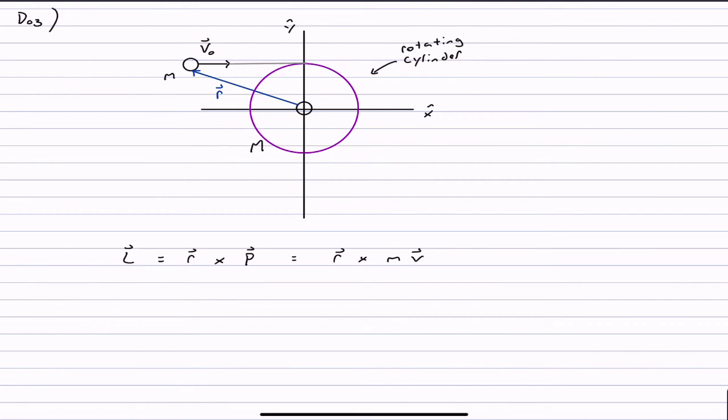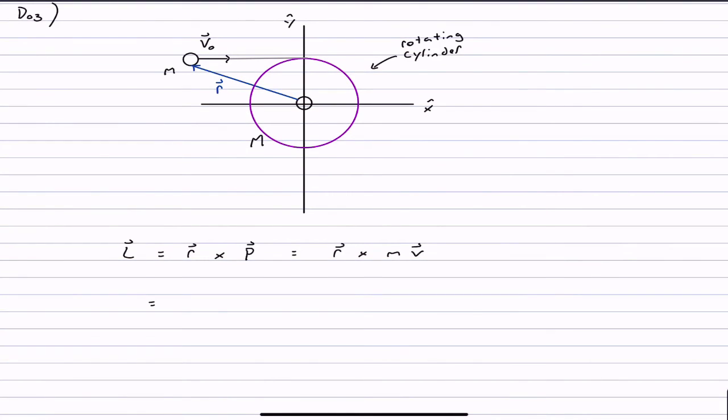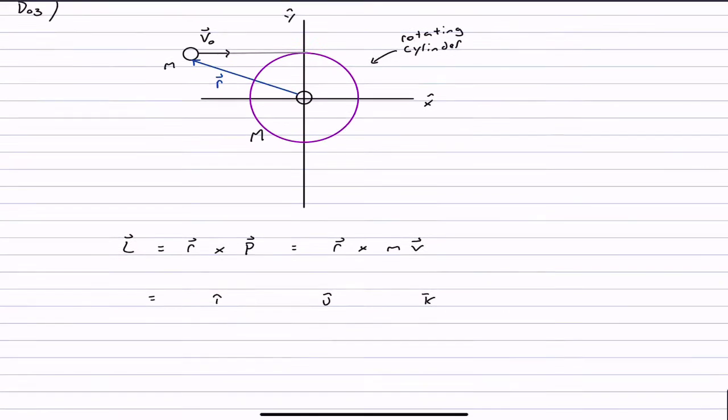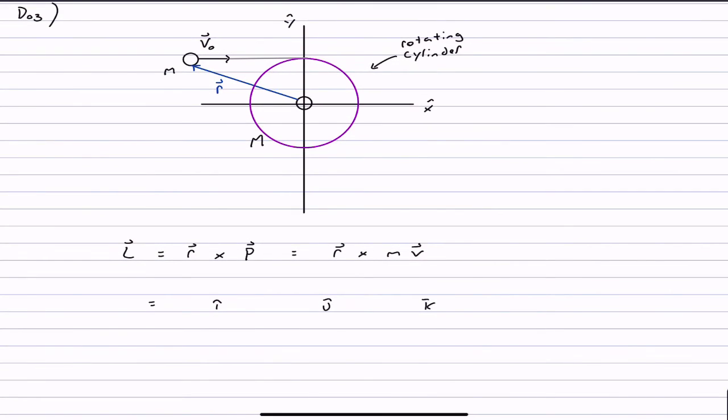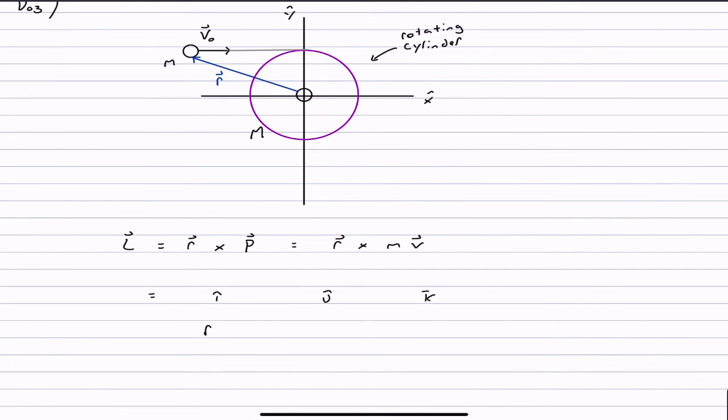The vector r has components in the x hat direction and in the y hat direction. So let's set this up. Let's do a cross product. We know enough information about the system to set this up. So we have the vector r, with an x hat component.